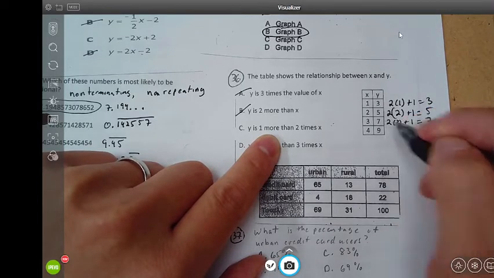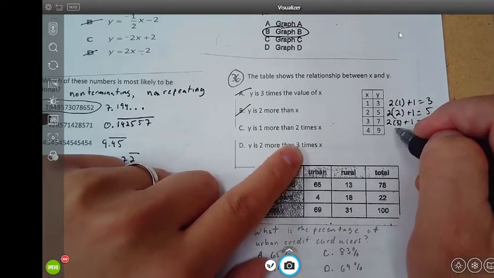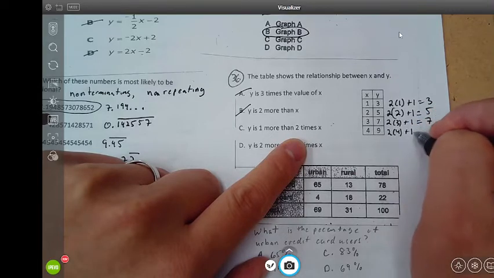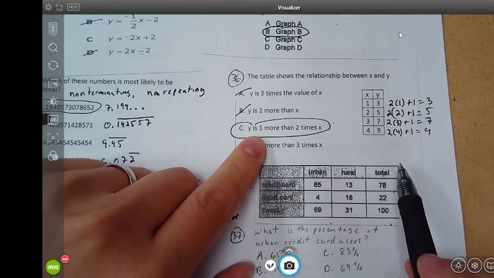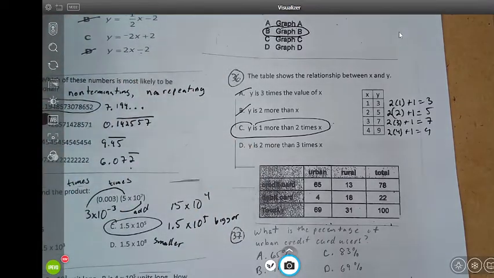Gives you 7. Let's check the next one. 2 times 4, x is 4, plus 1 is 9. This works for all of them. Okay, y is always 1 more than 2 times whatever x is.